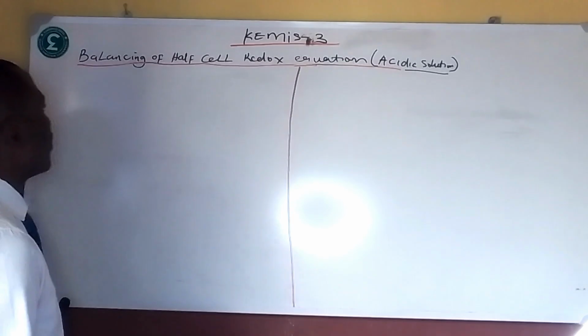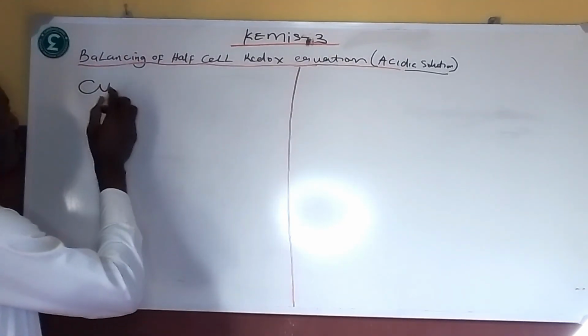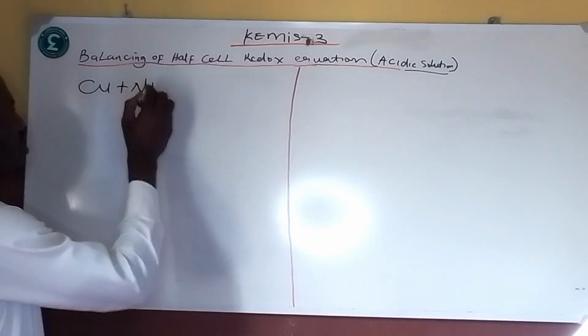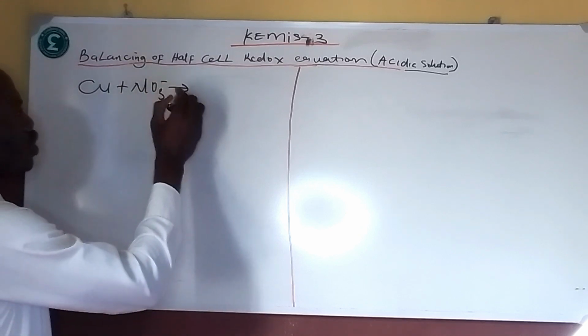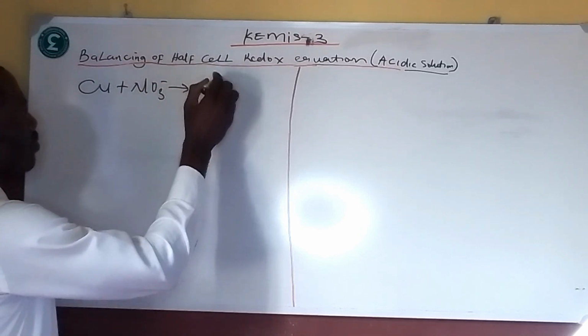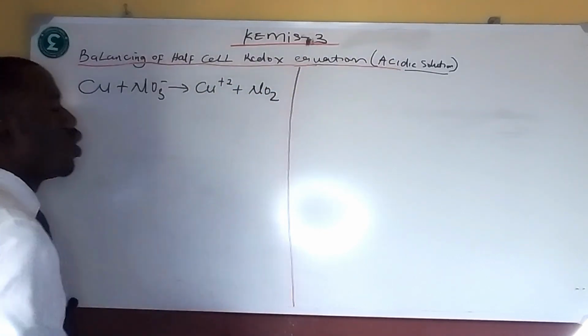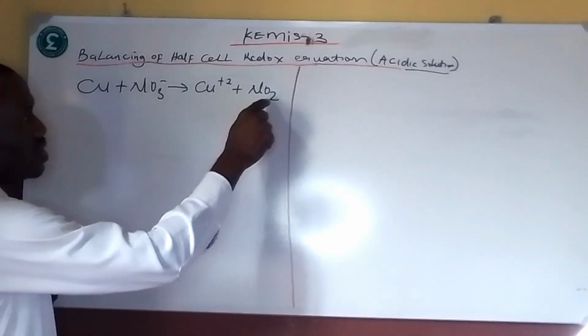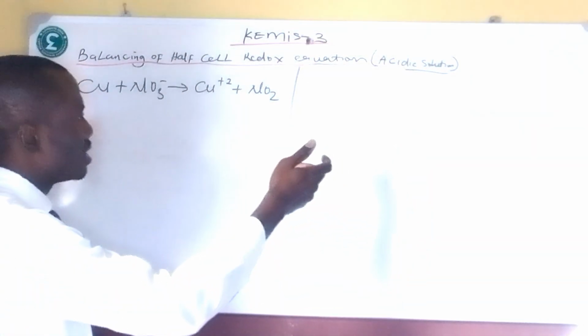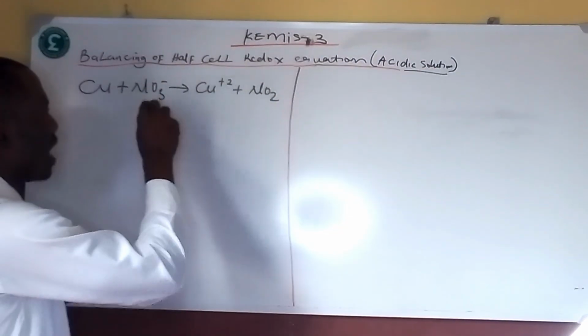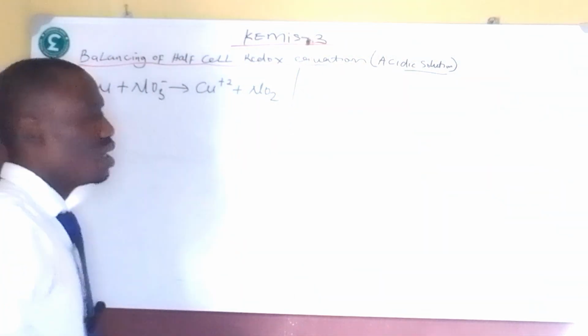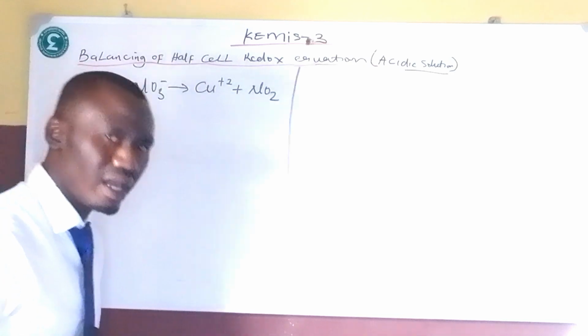Let's say we have copper. Copper reacts with trioxonitrate(V), which will give me copper plus 2 charge plus dioxonitrate. In this equation, you understand that the oxygen is 2 at the right hand side, the product side, and it is 3 at the reactant side, which means that the oxygen is not balanced.